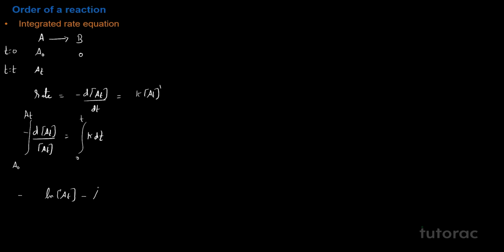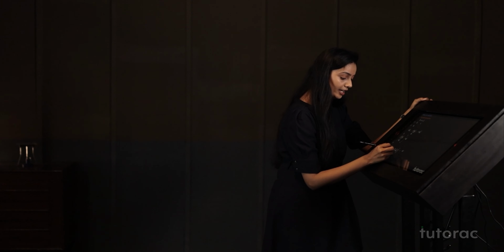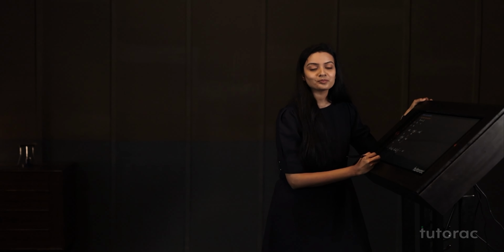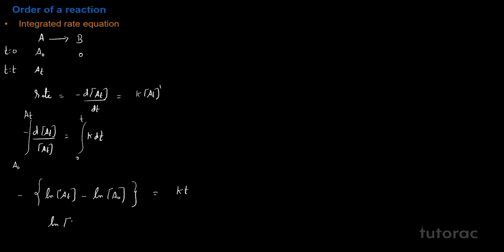Here we get ln At minus ln A naught, putting in the values, and that is equal to kt. Using the log property, log A minus log B equals log A upon B, I am writing it as minus ln At upon A naught, since the negative sign is there, and that is equal to kt.